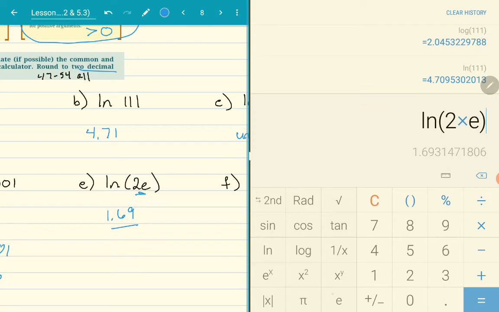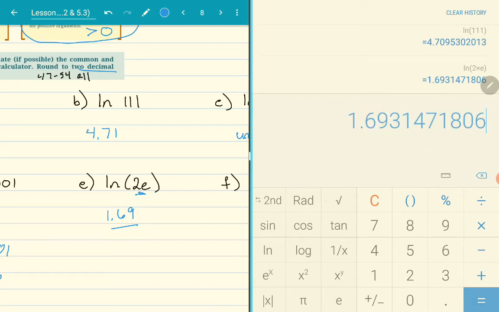I have an e that is just by itself, so I was able to just type e. If you don't have that and you just have e to the x, you can always do natural log 2, and you can always do e to the power of 1, which will just give you e. You get that same number.